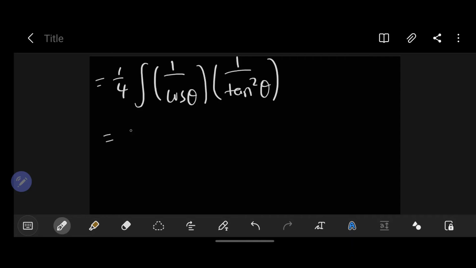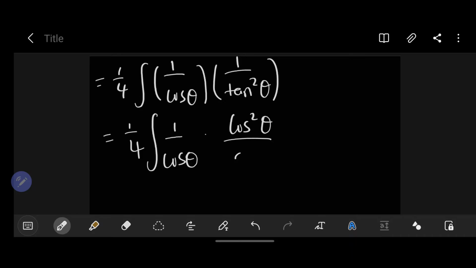So therefore I have 1 over 4 times secant theta. Okay, let me just leave it as cos theta, sorry, because I changed it to 1 over cos theta. So cos theta times cos squared theta over sine squared theta d theta.